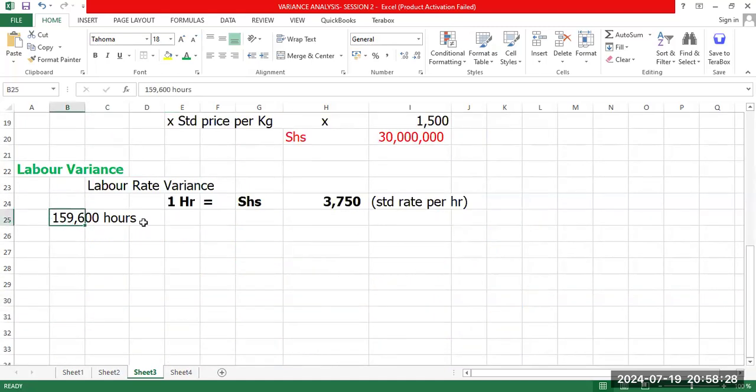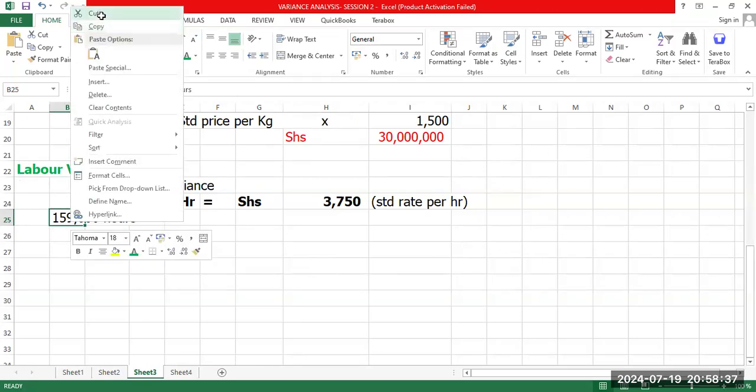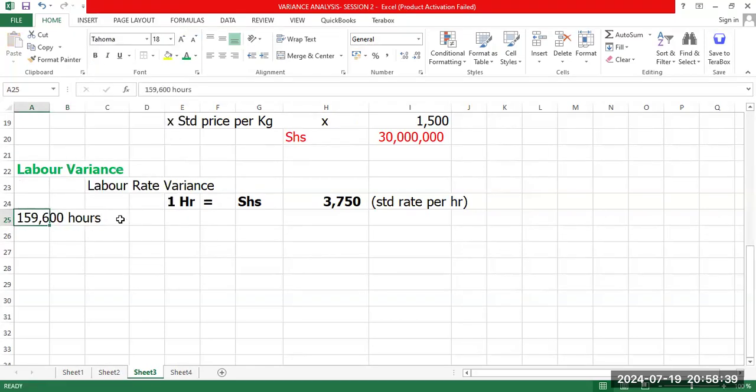So these hours would have cost how much? The standard rate per hour is 37,500. No, we divided by 10. Let's repeat together.